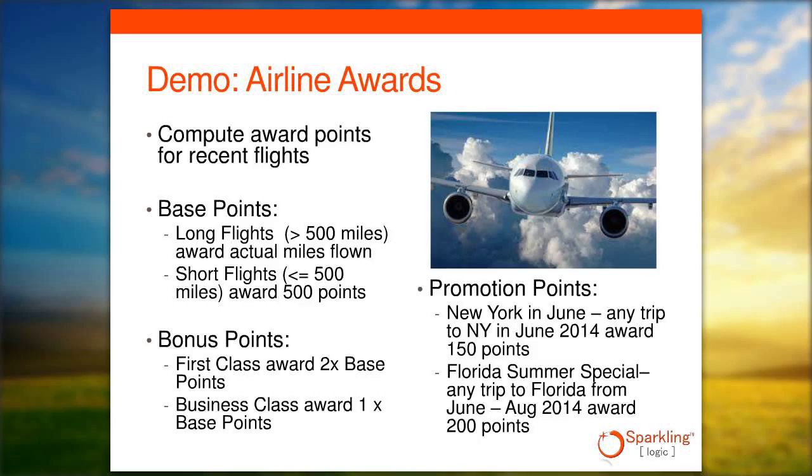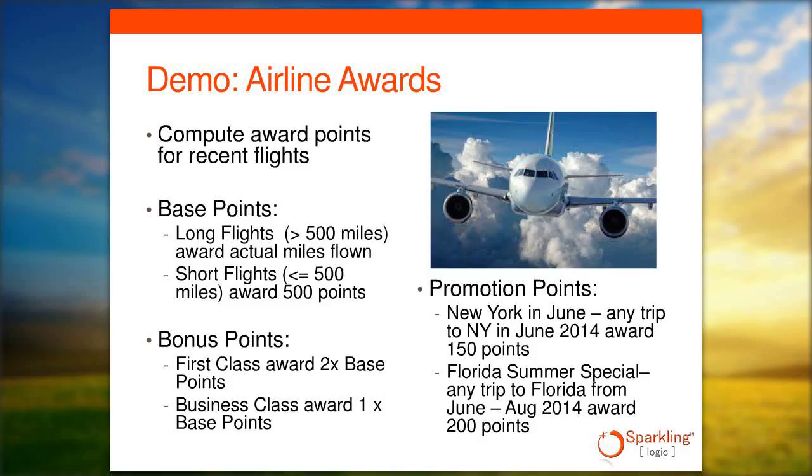The bonus points are to award first-class passengers 2 times the base points. For business class passengers, we're just going to award 1 time the base points themselves. Next, we're going to compute the promotion points, which will be those special promotions that we're running.